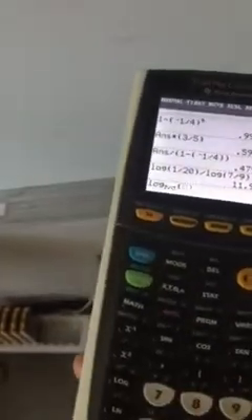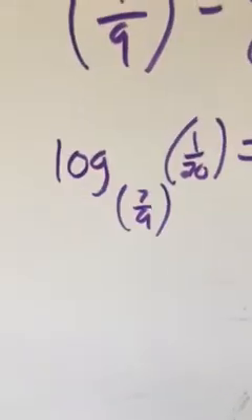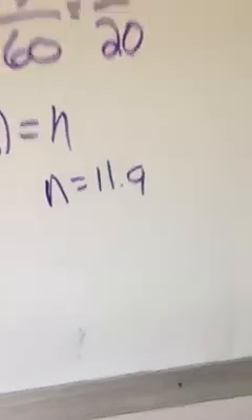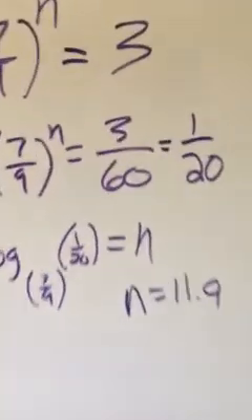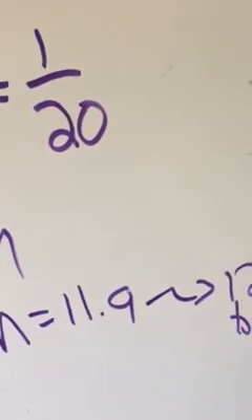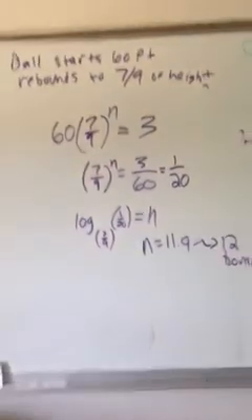Our base is 7 divided by 9, and 1 divided by 20. Enter, we get the same answer, 11.9. That means after 11.9 bounces, we're at 3 feet. But we can't have 11.9 bounces. At 11 bounces, it's going to be a little bit higher than 3 feet. So we have to round this up and say that's 12 bounces. And that is it. That is the bouncing ball problem.